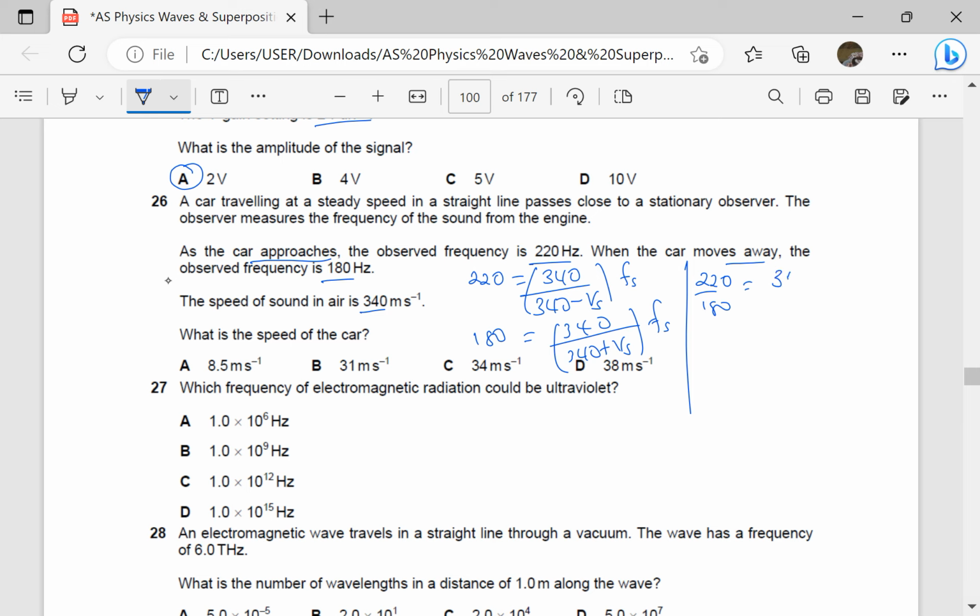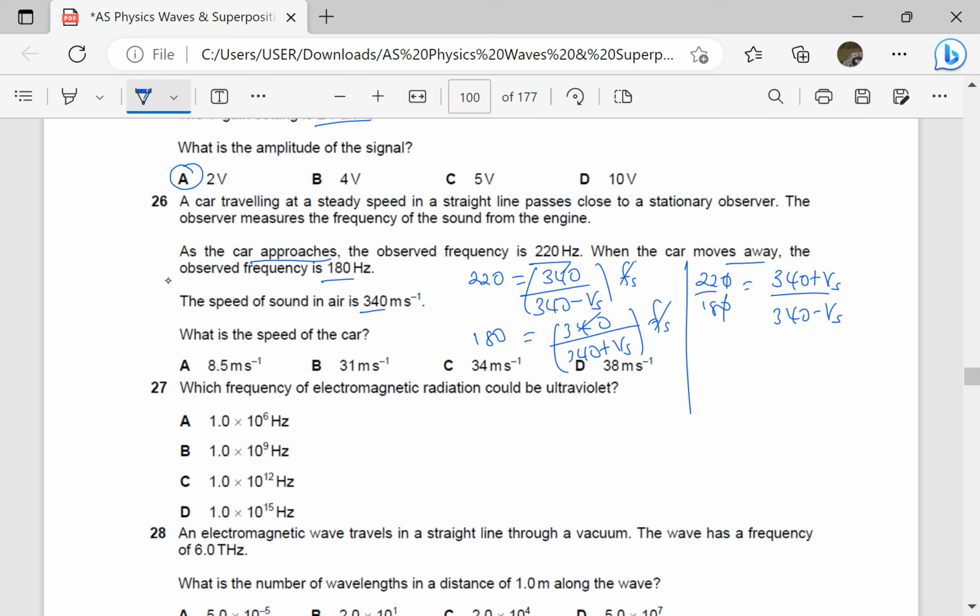So the reciprocal will be 340 plus Vs over 340 minus Vs. Then 340 plus Vs goes up, leaving 340 minus Vs in the denominator. So we just simplify this.